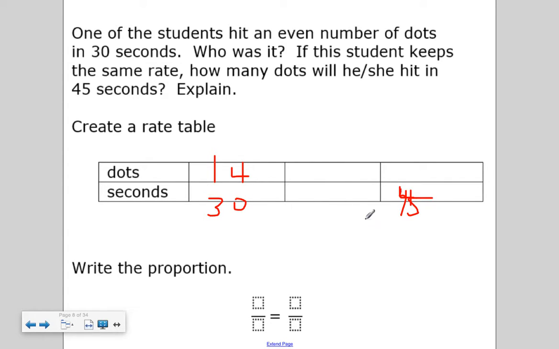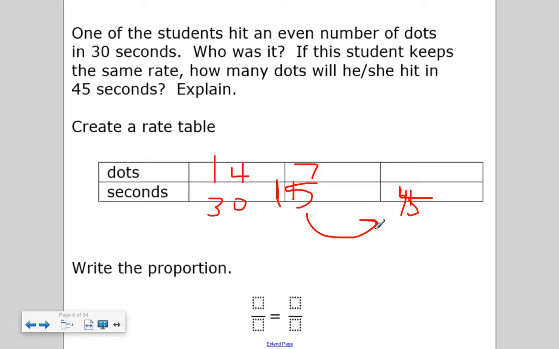Can 30 even go into 45? No. I guess 1.5. But you know what? I don't want to work with decimals. Could I break this down to 7/15? I divide the numerator and denominator by 2. So it's 7 dots, 15 seconds.